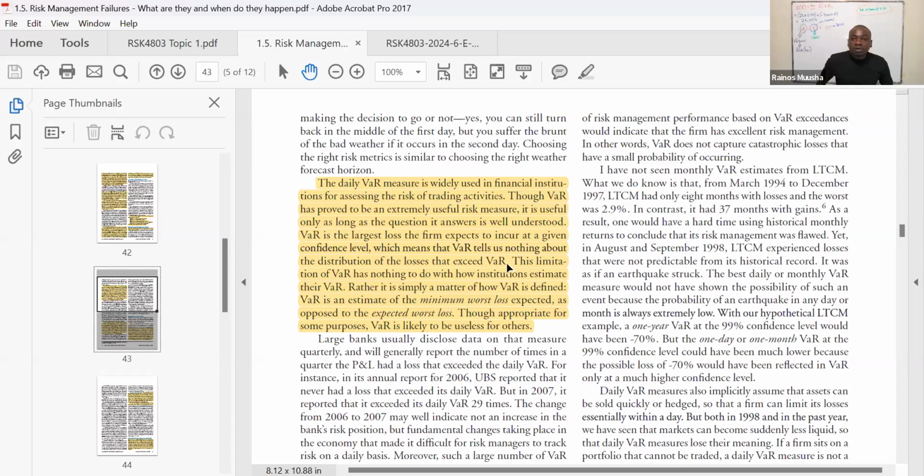So when you look at failure to use the appropriate risk metrics, they're saying value at risk tells us exactly what is the maximum loss that we're expecting to suffer over a given period of time, given a certain confidence level. Whether it's a 90% confidence level, a 95% confidence level, or a 99% confidence level, right?